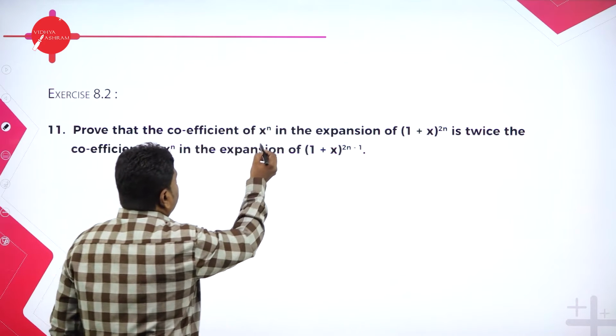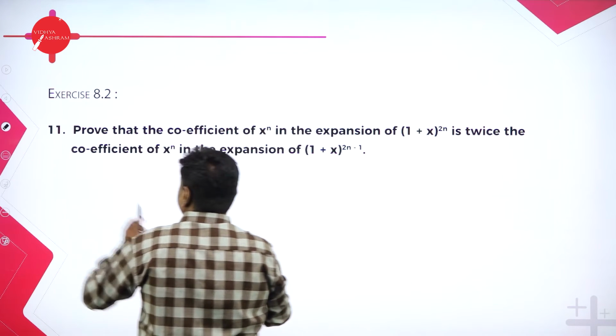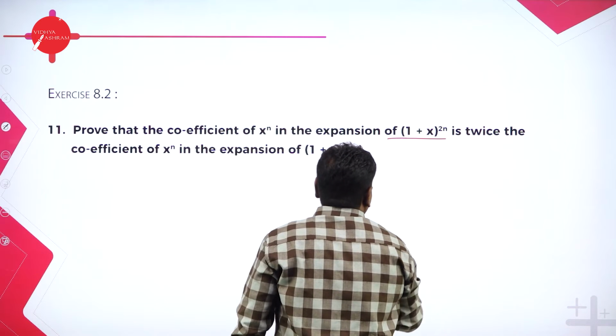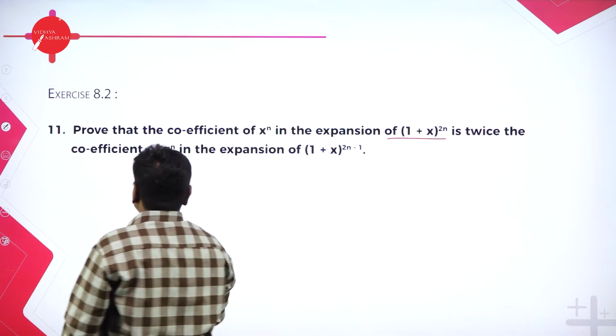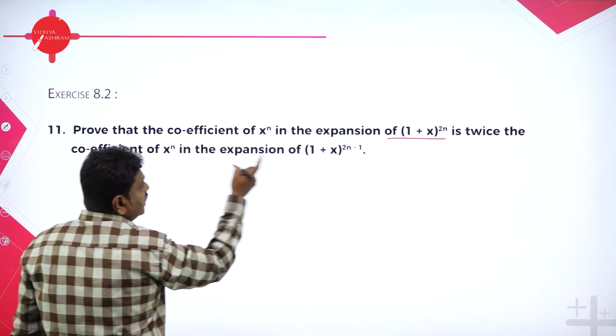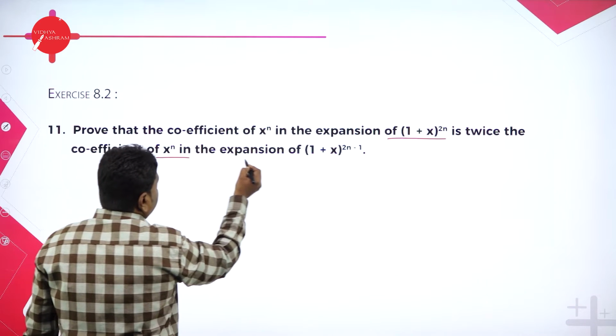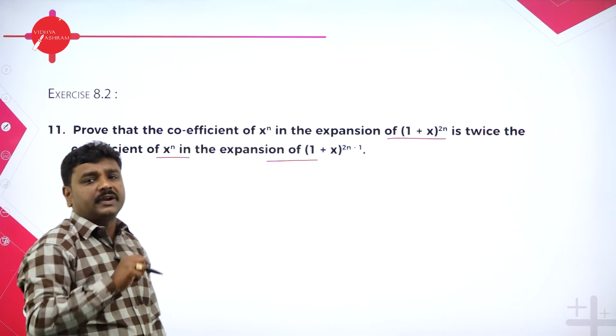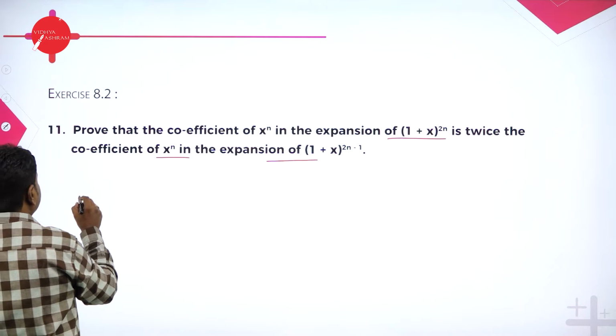They want you to prove that the coefficient of x power n in the expansion of 1 plus x whole power 2n is equal to twice the coefficient of x power n in this expansion. So in both the expansions, find the coefficient of x power n. For that, first we'll take the first term.